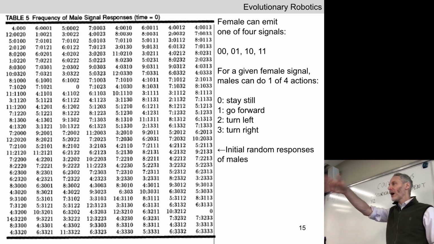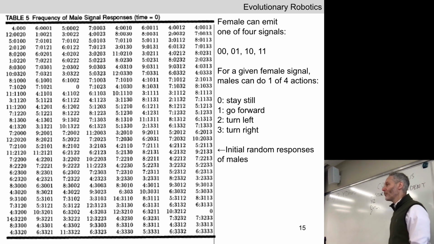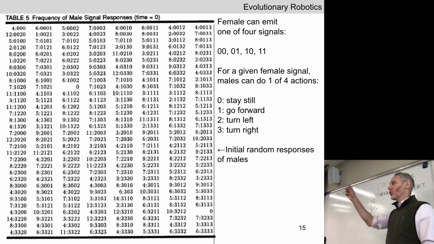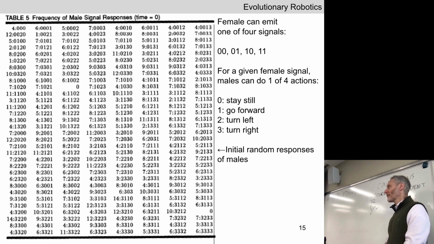So we're going to rewind the evolutionary tape. We're going to go back to 16,000 random agents. They all have random neural networks. We're restricting the output layer of the female, and we're restricting the input layer of the male, and we leave everything else the same and start it up.